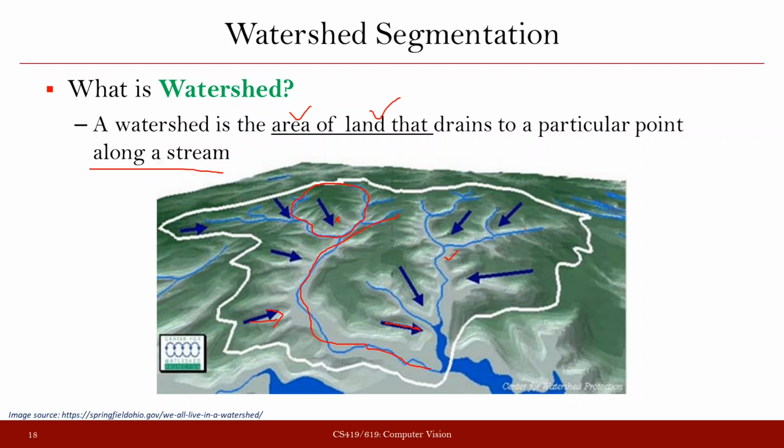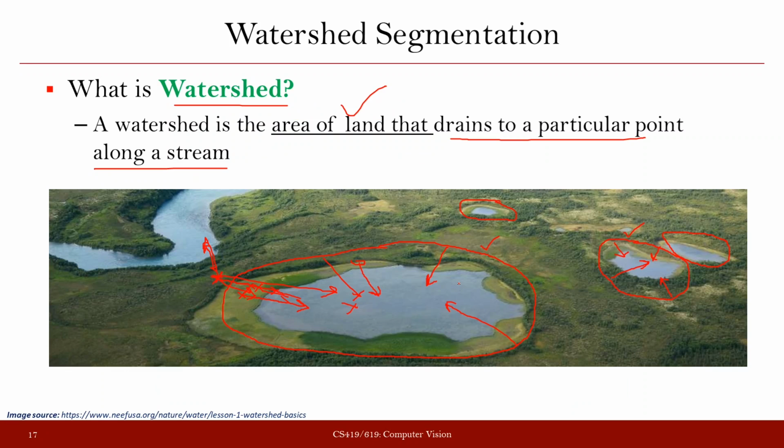In this process of segmentation based on watershed, our objective will be to find these watershed lines, because, as you see in this image, anything inside this watershed line has in some way similar properties. In terms of watershed, they all drain to a common point.